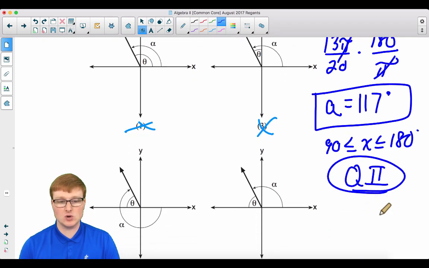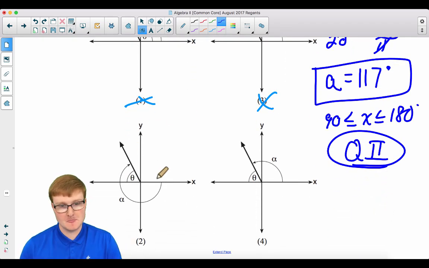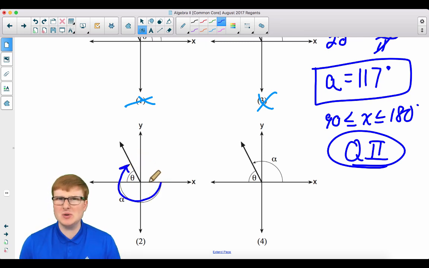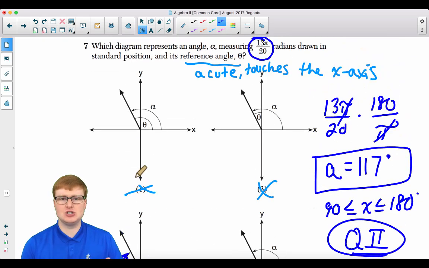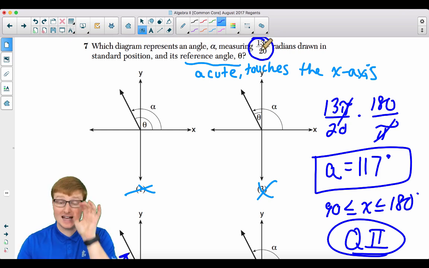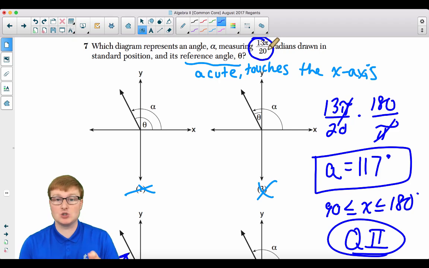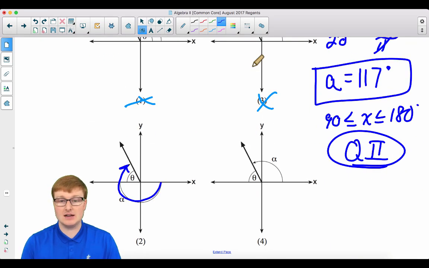So looking at choices 2 and 4, alpha is going in the negative direction. Yeah, it does terminate in quadrant 2, but why is it going in the negative direction? We have 117 degrees that's positive, and it's saying which diagram represents an angle that has to measure 13 pi over 20 radians. Yeah, well, your answer is going to be choice 4.